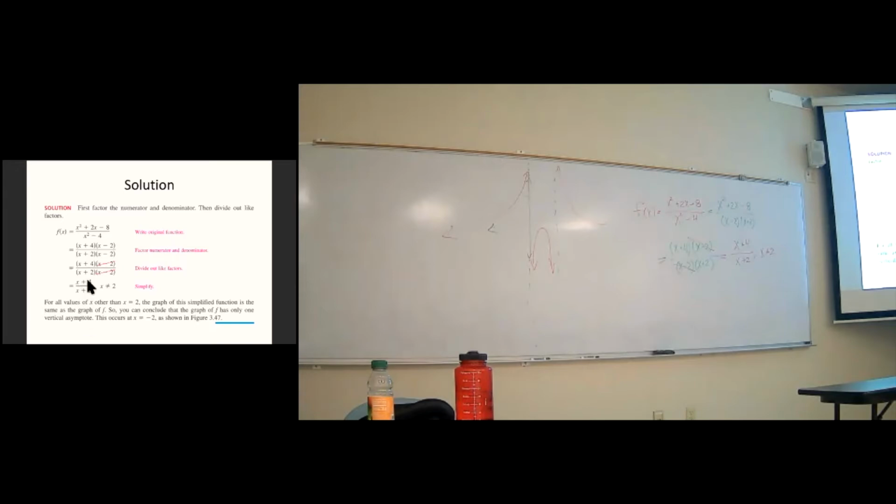This thing is continuous everywhere except at x equal to -2. So we have to say, all right, don't include x equal to 2. That forces that hole. And that's what's happening. Cool?